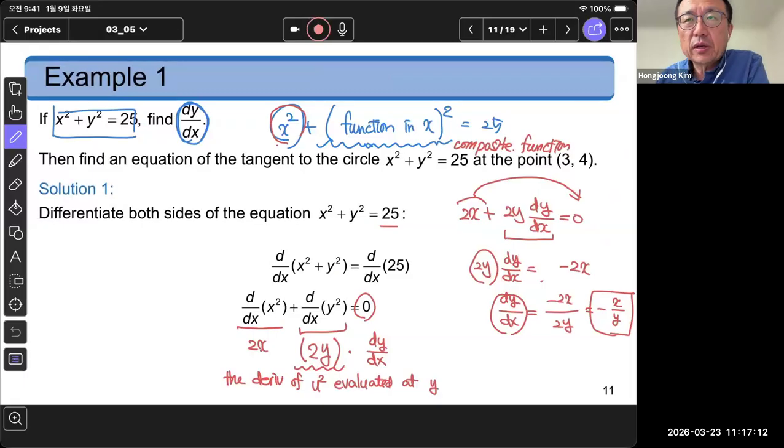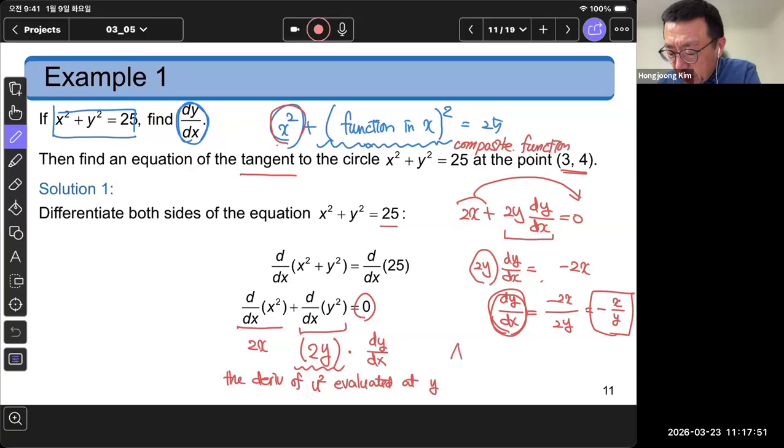Now let me go back to the example again. So in this example, x squared plus y squared equals 25, the first question was to find the dy dx, and the second question was to find the tangent line to this curve at the point 3 and 4. So when x is 3 and y is 4, you want to find the equation of the tangent line. So we have the formula for the slope of the tangent line: negative x over y.